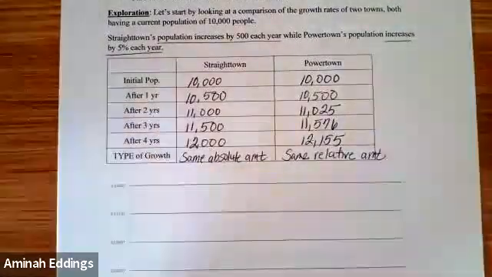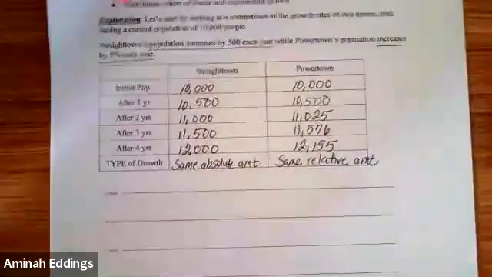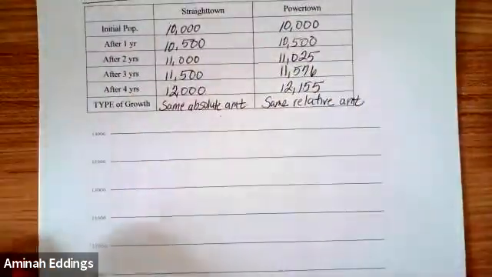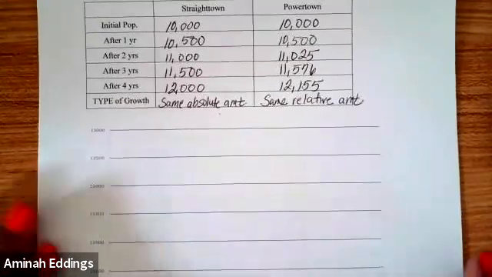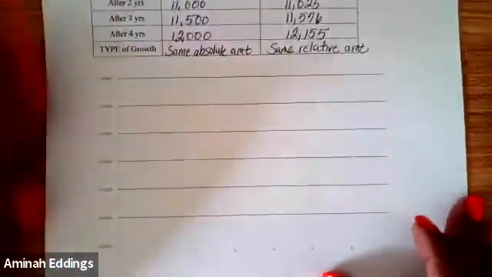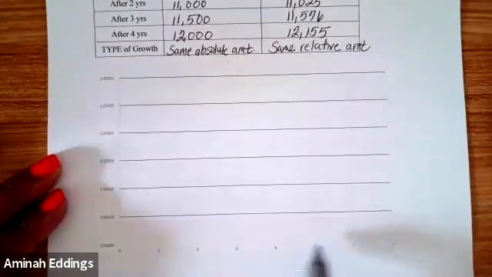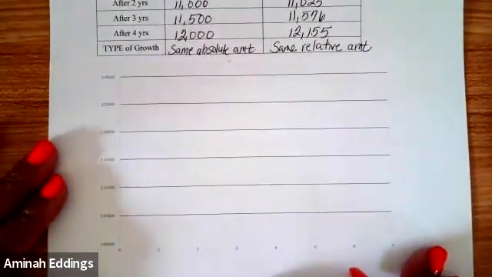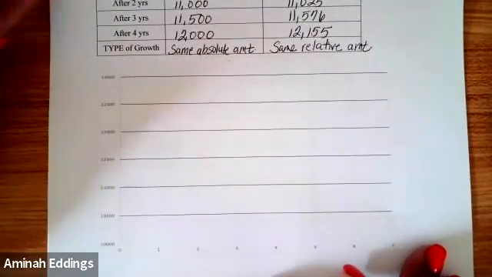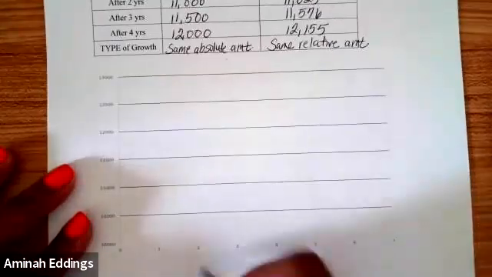All right, let's plot this on our graph and see what happens. So we have our x-axis and our y-axis. Our x-axis is going to represent our independent variable, which in this case is going to be the number of years.